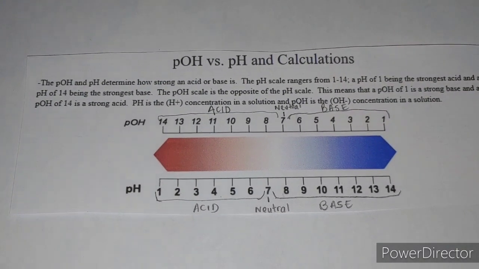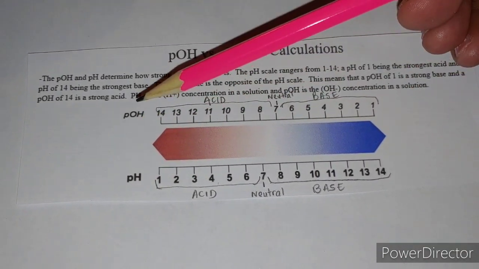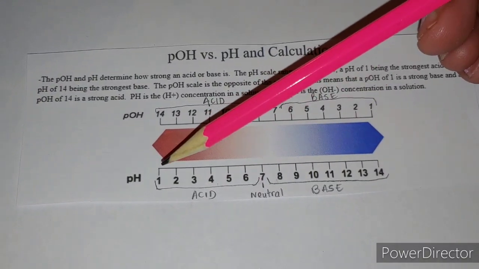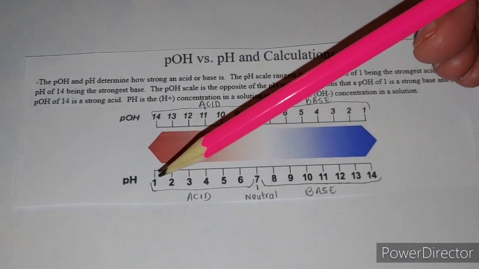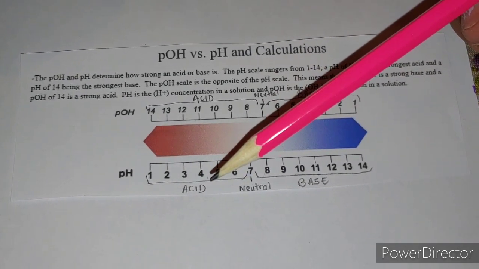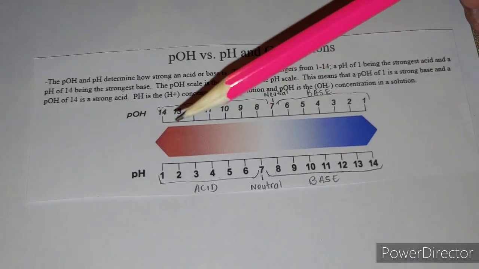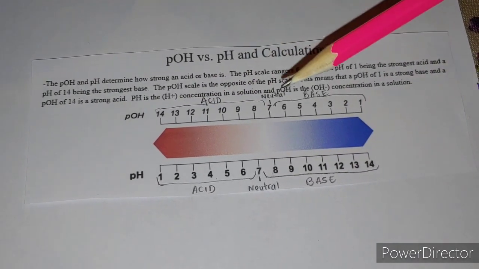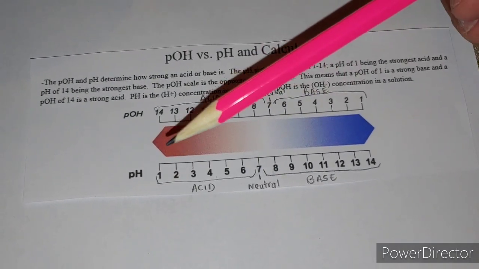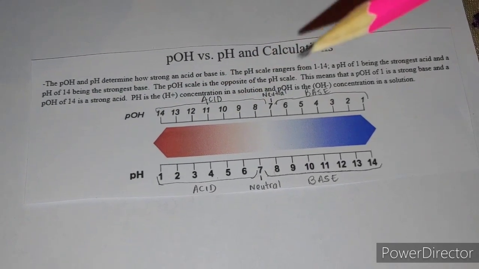Okay, so we're going to find that if we look at the differences between a pH and pOH scale, they look a little backwards from each other. If we say that the pH is less than 7, then we say that it's an acid, and a pH greater than 7 is a base. For a pOH scale, if the pOH is greater than 7, then we call that an acid.